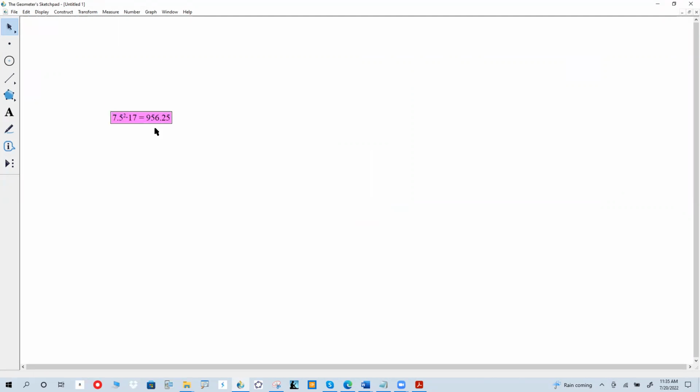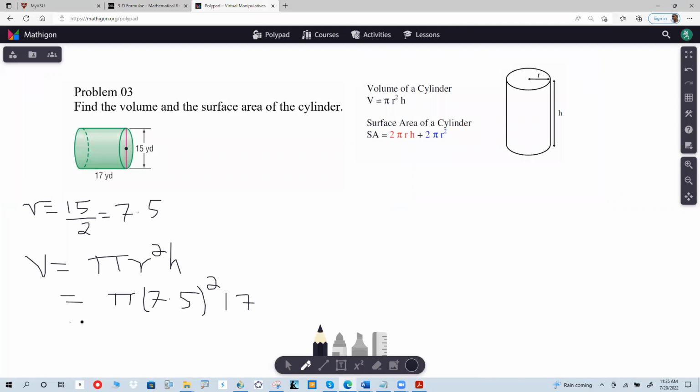I'm getting this huge number, 956.25. 956.25 pi. You can multiply it by pi if you want to, but I generally don't because this is more accurate, and your unit will be yard cubed.